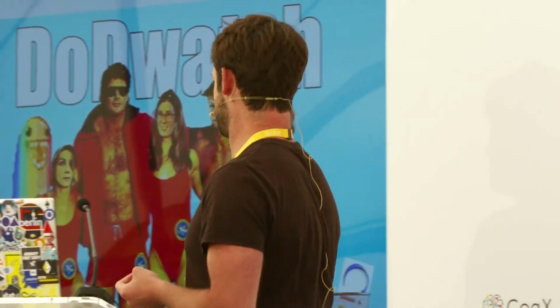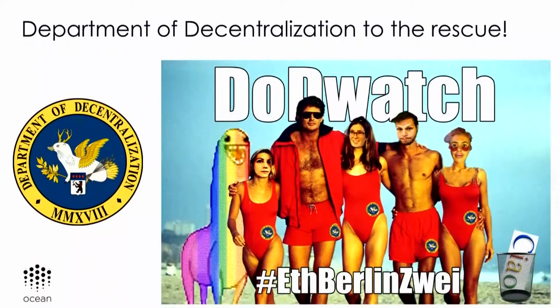And that's not something our Dalai Lama becomes happy about. So, luckily, there is something they call the Department of Decentralization. You can see Dalai Lama is part of that. This is something that's happening in Berlin, by the way. You want to go there, it's very neat, and they know how to treat the chow.